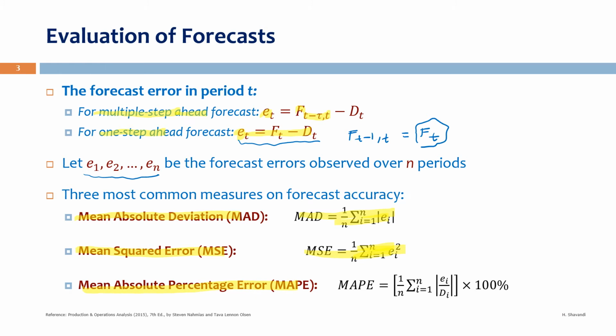So as you see here, we are taking the mean over the absolute percentages, I mean, E_i divided by D_i. Okay, so we have three measures, and by calculating these three measures for different forecasting methods, we can compare, or we can evaluate their performance.